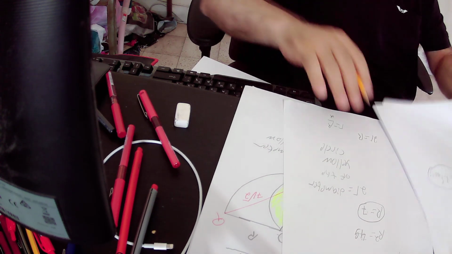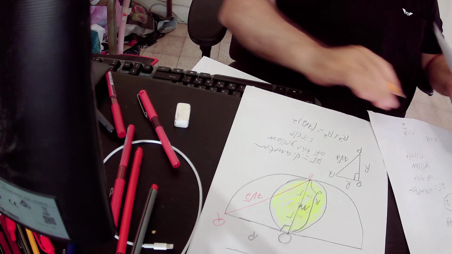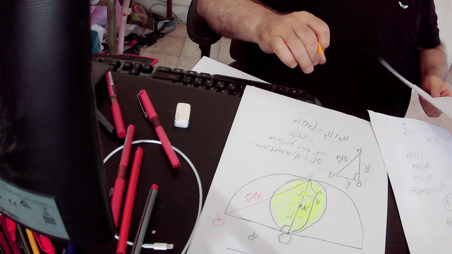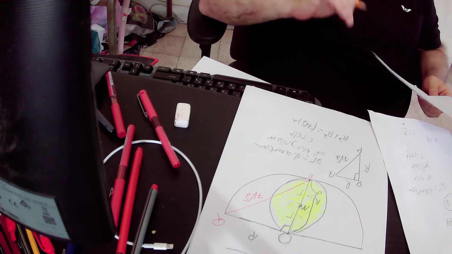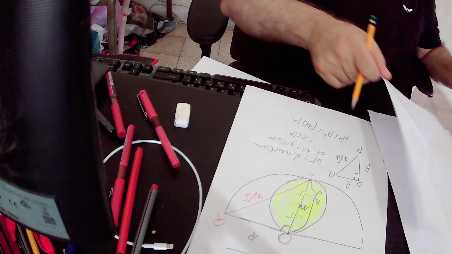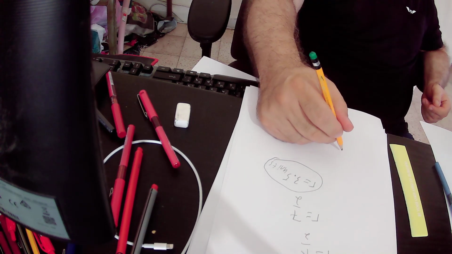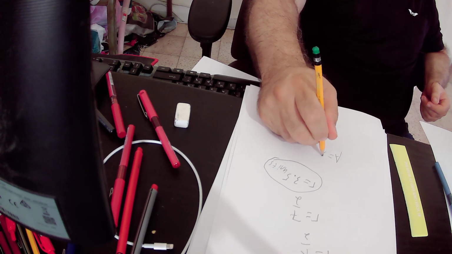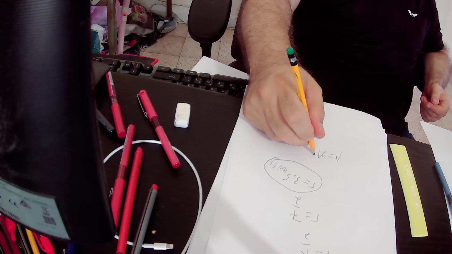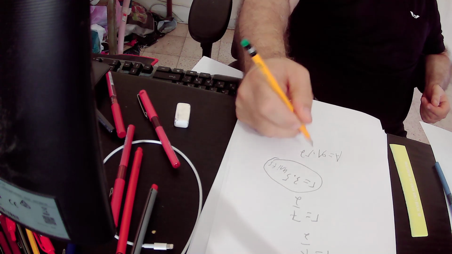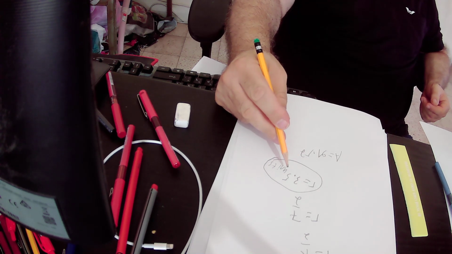So actually the radius of the yellow circle equals 3.5 units. And we know that the area of a circle equals pi times r squared. And r equals 3.5 units.